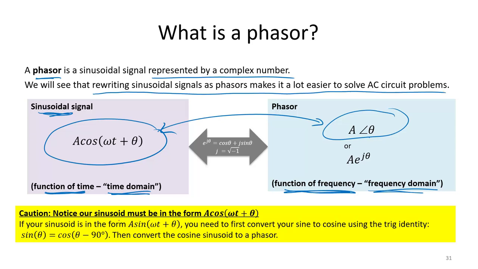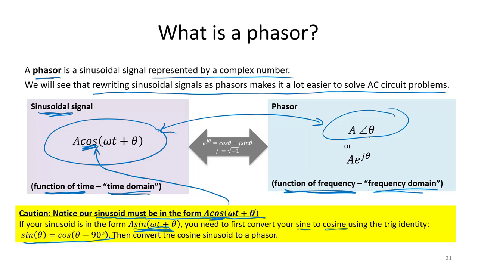One other thing to watch out for here is notice our sinusoid must be in the form A cosine omega t plus theta. If we have our sinusoid as a sine function, we have to first convert our sine to a cosine using that trig identity.